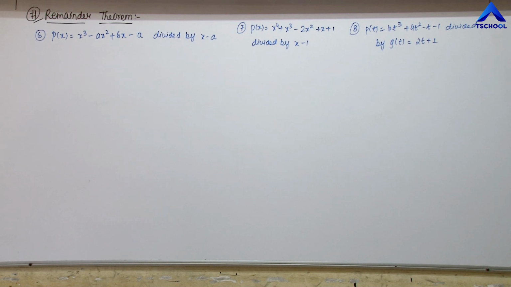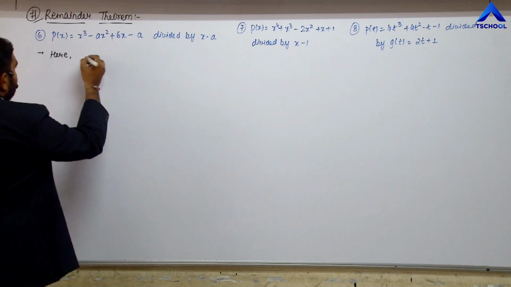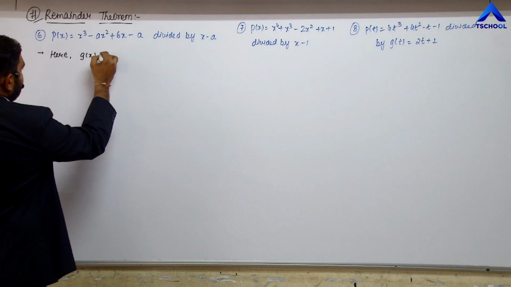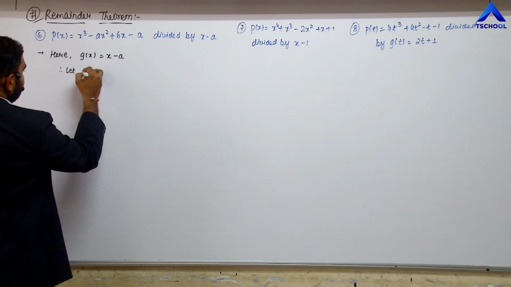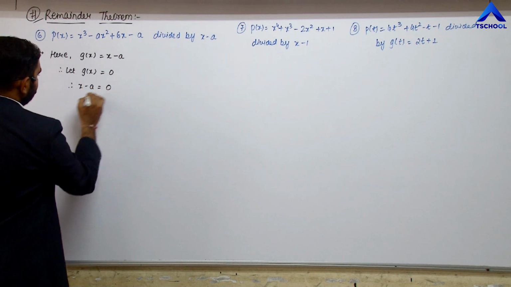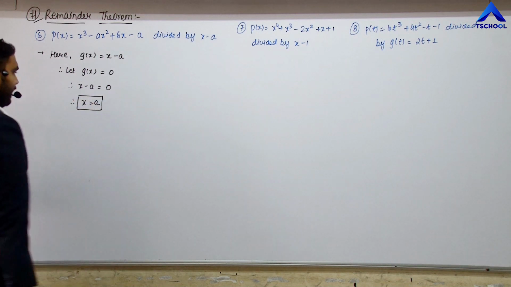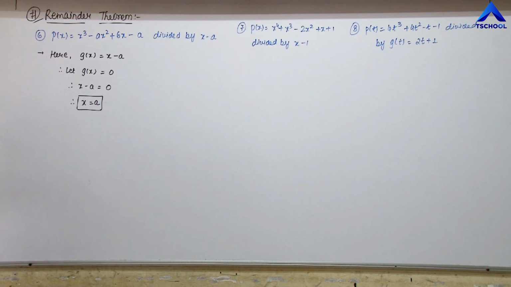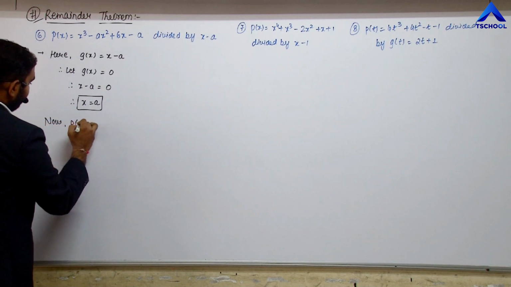Okay, so friends, now here g of x is equal to x minus a. Let g of x be 0, therefore x minus a is equal to 0, and hence x is equal to a. Right, we got the value of x. Now finding p of a.